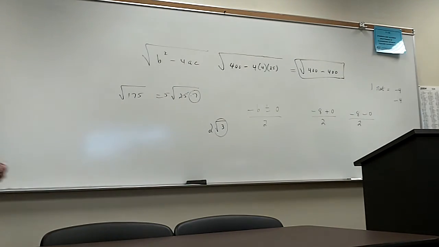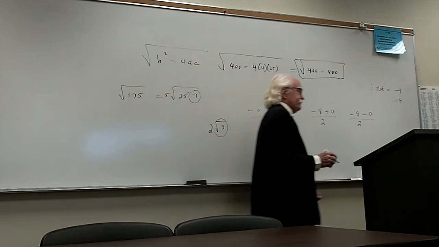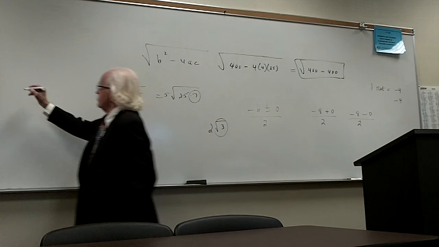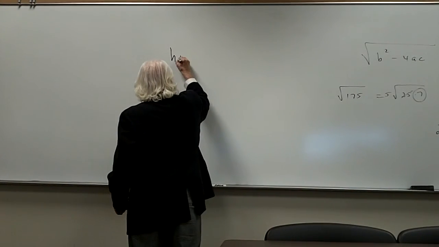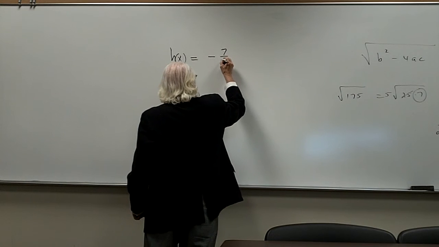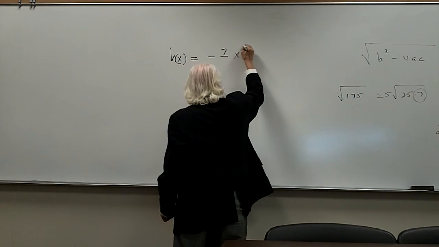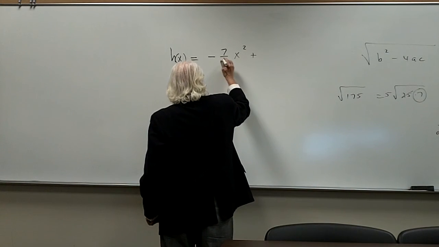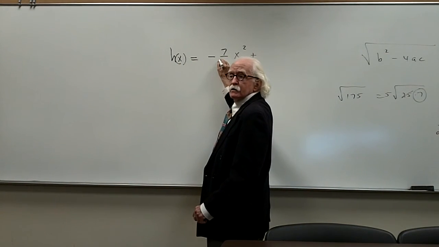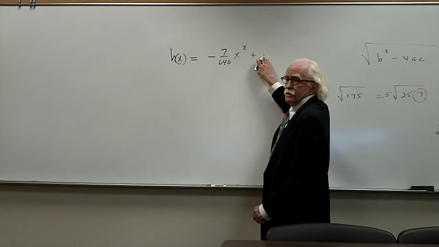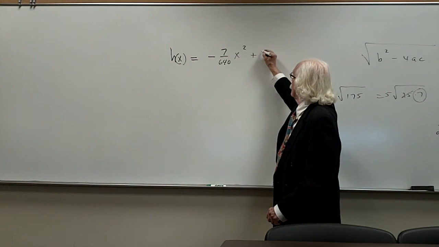So you've got 0 equals h of x. What is it? Minus 7 over what? 640. And then what goes here? 7 over 4 x.